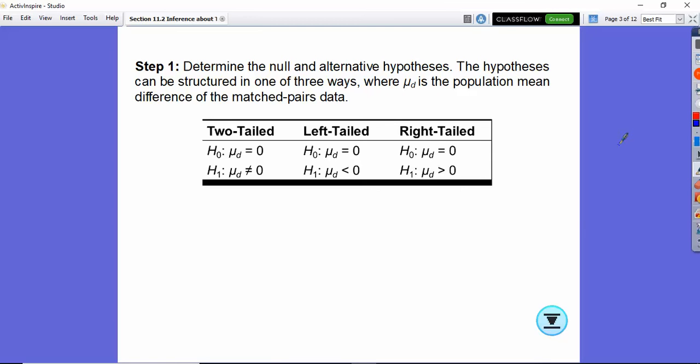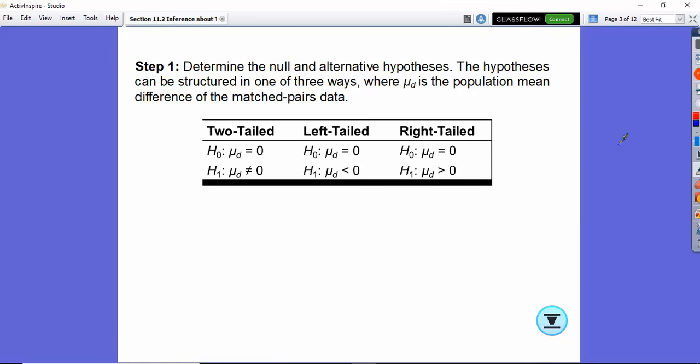So what we're actually going to do is take our 2 sets, so your pre-test and your post-test, and we're going to subtract those, and that would be our difference. And then we're going to do the same hypothesis testing that we did before for the mean of that difference group. Okay, so once we subtract them, then we're ignoring the original data and we're doing everything that we were just doing in chapter 10 from that new difference data.